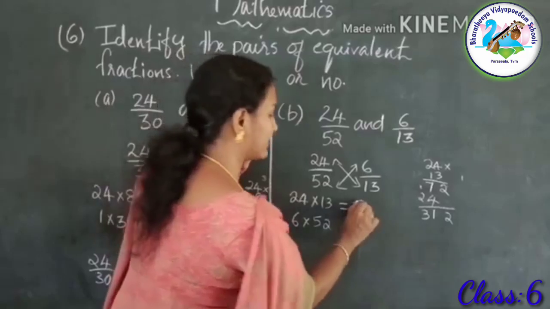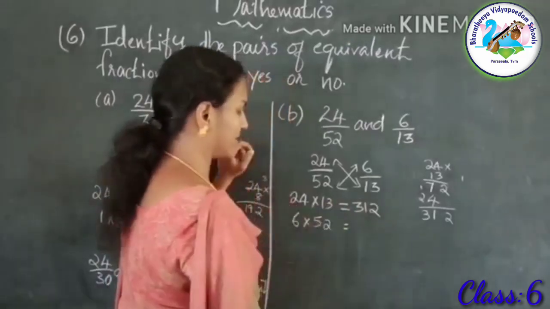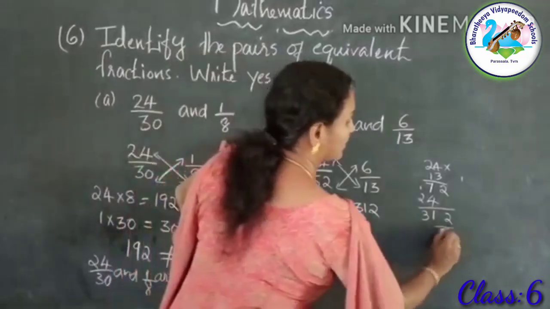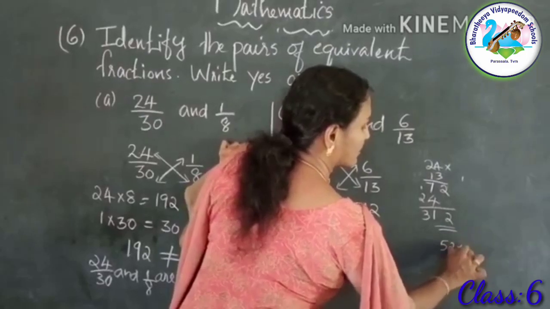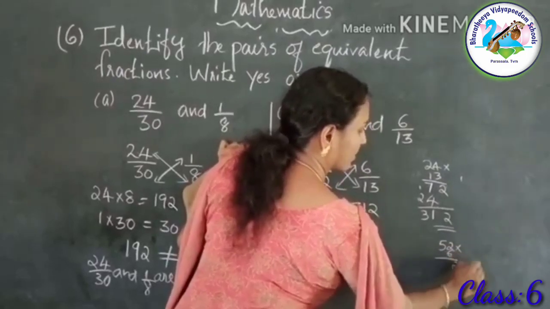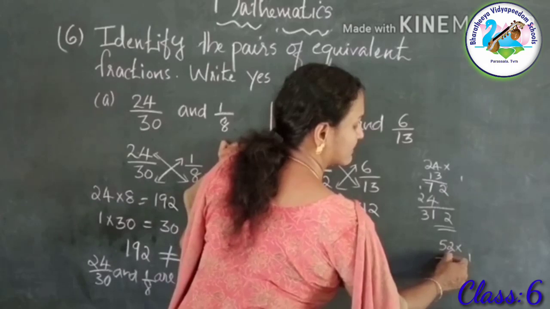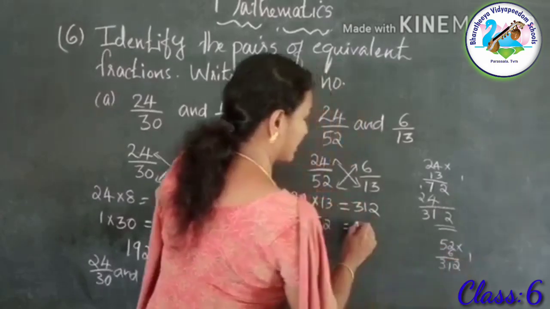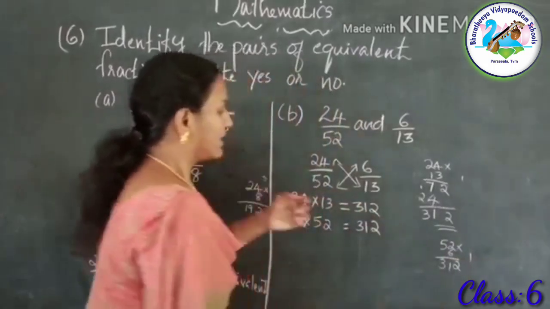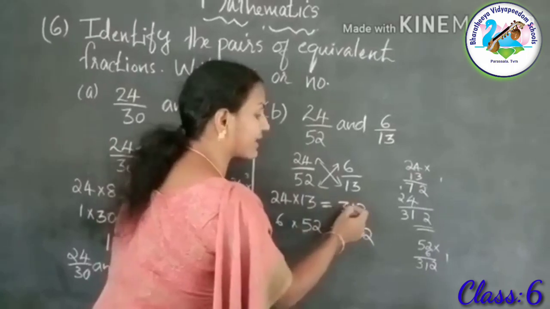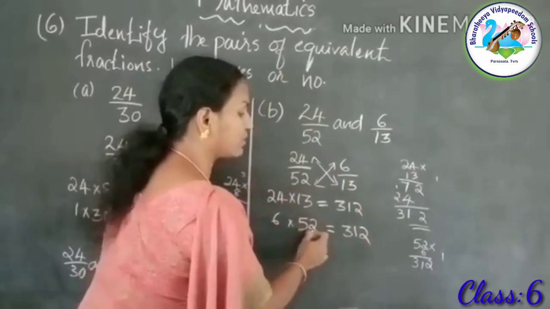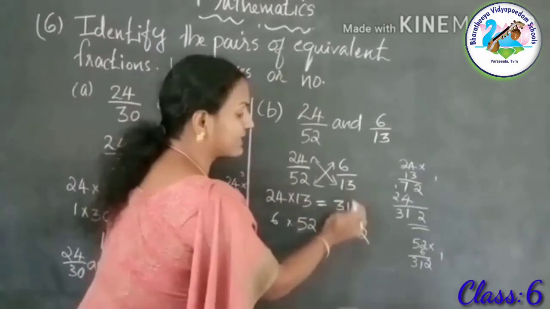So 312. The next one, 6 into 52. 6 2s are 12, balance 1. 6 5s are 30 plus 1, 31. So 312. 24 into 13 is 312, and 6 into 52 is 312. So they are the same.